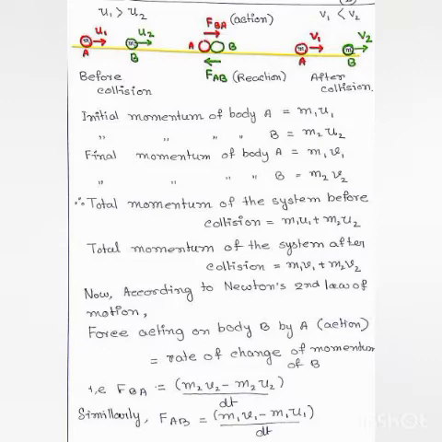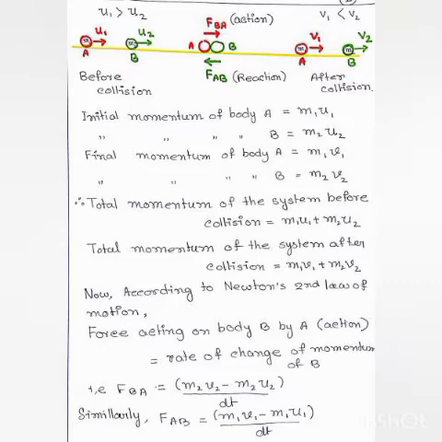Now, according to Newton's second law of motion, the force acting on body B by A, which is the actional force, is equal to the rate of change of momentum of B. That is, FBA is equal to (m2v2 minus m2u2) by dt.